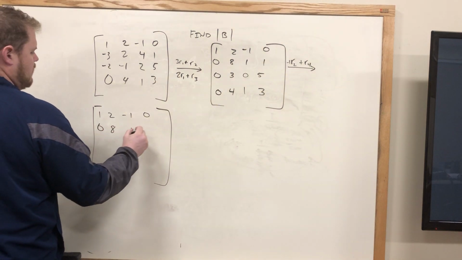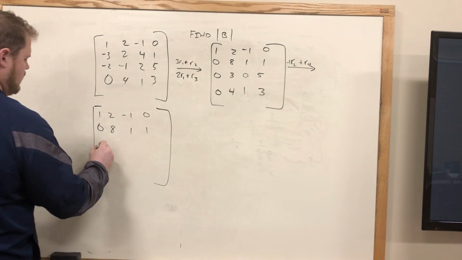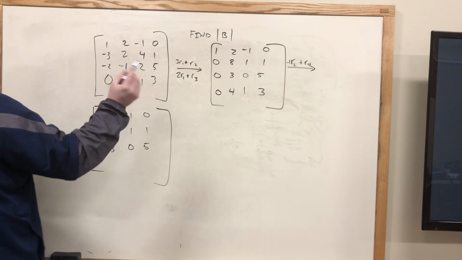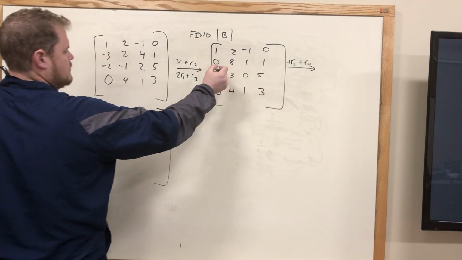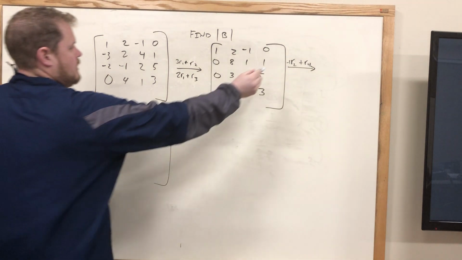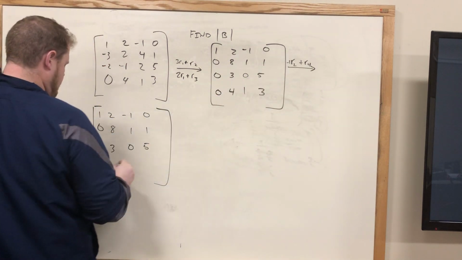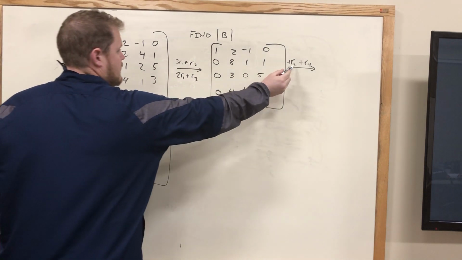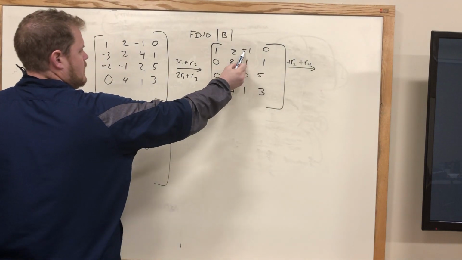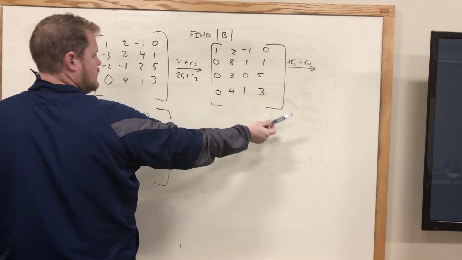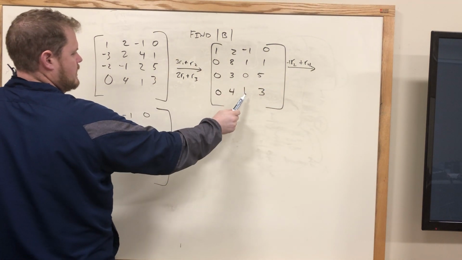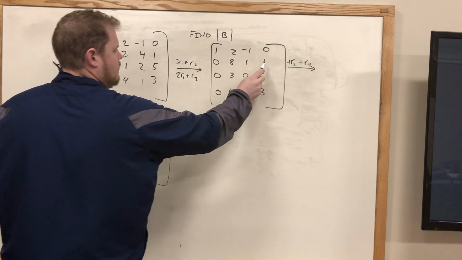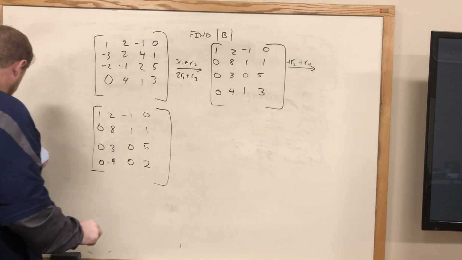R2 is going to stay the same, 0, 1, 0, 3, 0, 5. That's staying the same. Now, here's where it changes. 0, 0. Negative 8, positive 4 gives me negative 4, sorry. Negative 1 times 1 is going to give me a negative 1, so plus gives me 0, and then negative 1, 2, right?